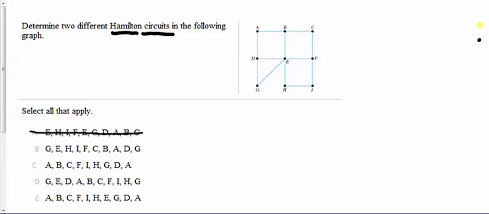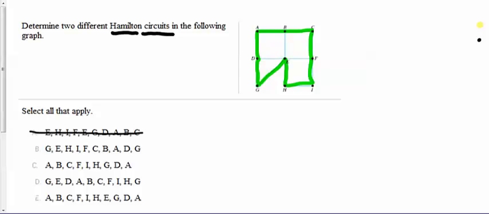So we put a line through A, realizing that is not a correct answer, and erased our path for A. Now let's move on to B. B indicates to start at G, go to vertex E, then to vertex H, I, F, and then vertex C, vertex B, vertex A, vertex D, and vertex G down at the bottom.